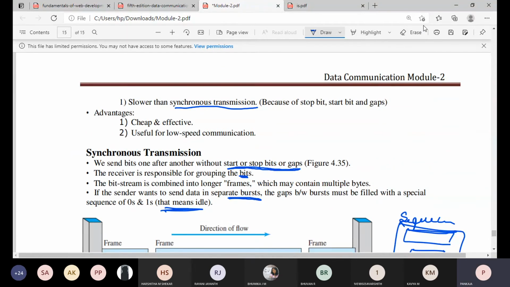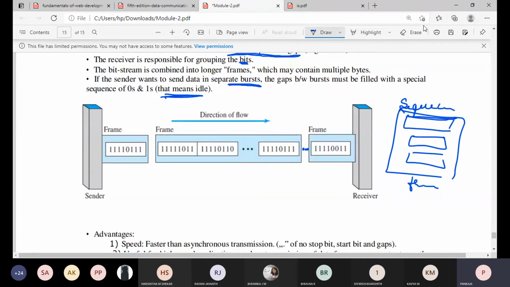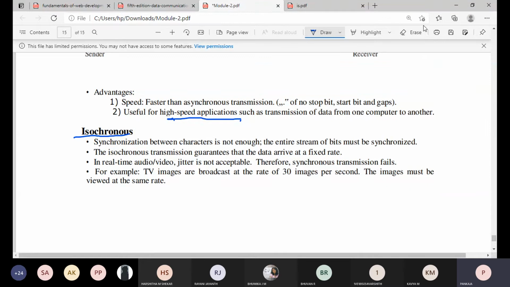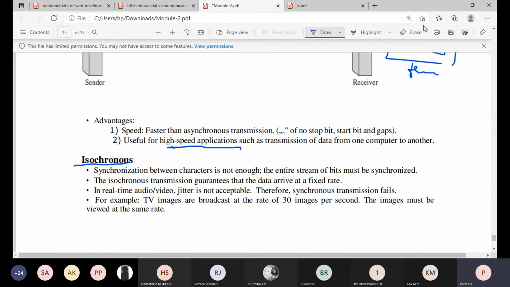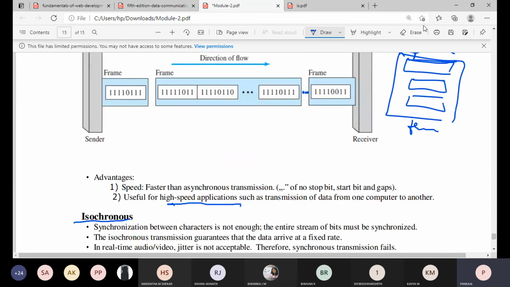So asynchronous has no timing information. In the case of synchronous, we use timing information, but no pattern is followed. Now isochronous. In the previous two methods we used some technique to identify when the next byte or next frame is going to start.